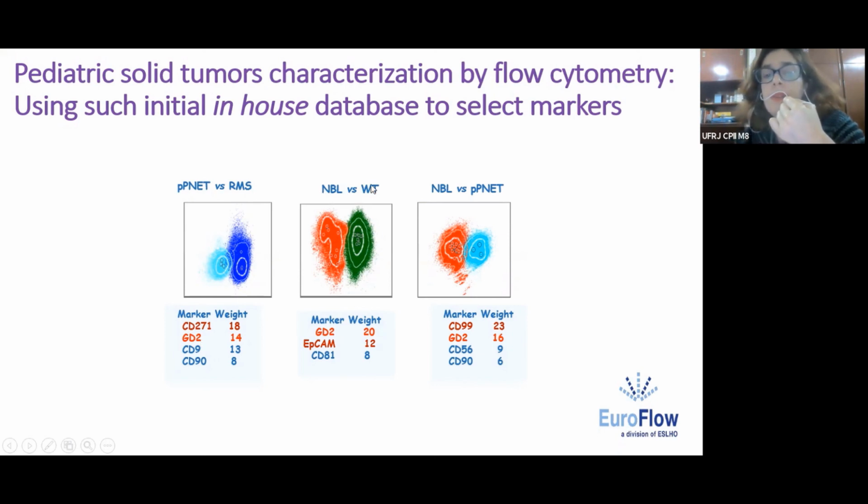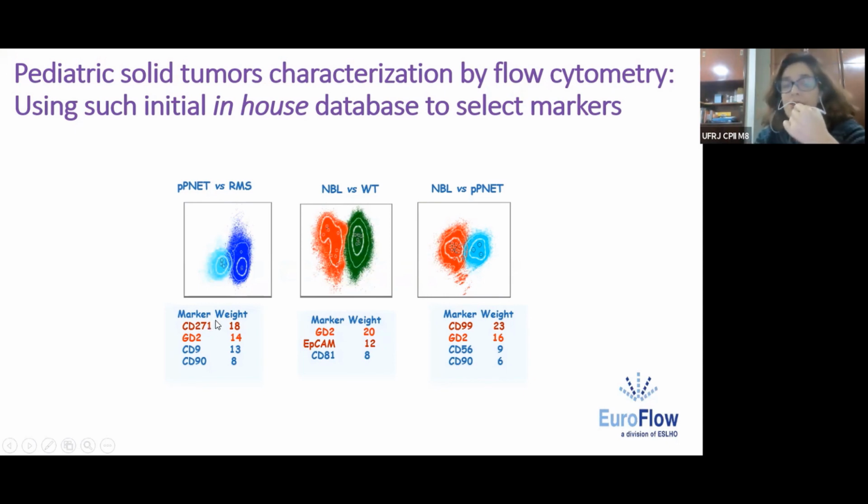Comparing neuroblastoma with Wilms tumor, we identified GD2, which is highly expressed in neuroblastoma and not expressed in Wilms tumor, and EpCAM, which is expressed in Wilms and not expressed in neuroblastoma. We can also compare neuroblastoma and extraosseous Ewing sarcoma, and we found CD99, which is expressed in PNET and not expressed in neuroblastoma, and GD2, which is expressed in neuroblastoma and not expressed in PNET.